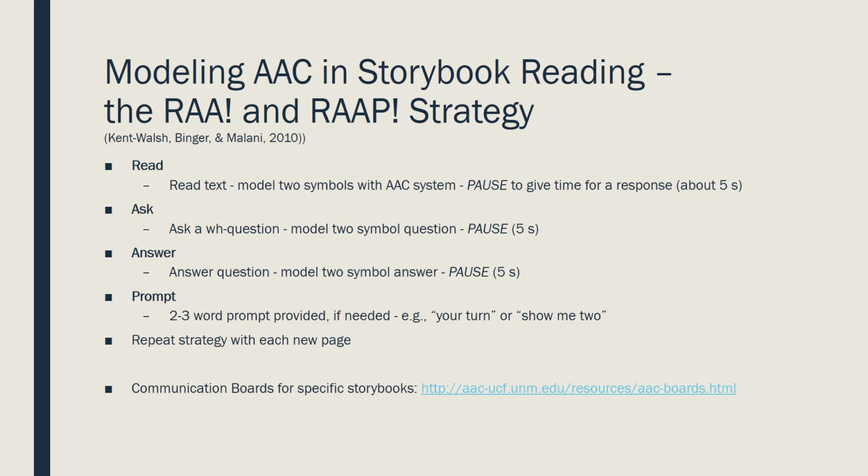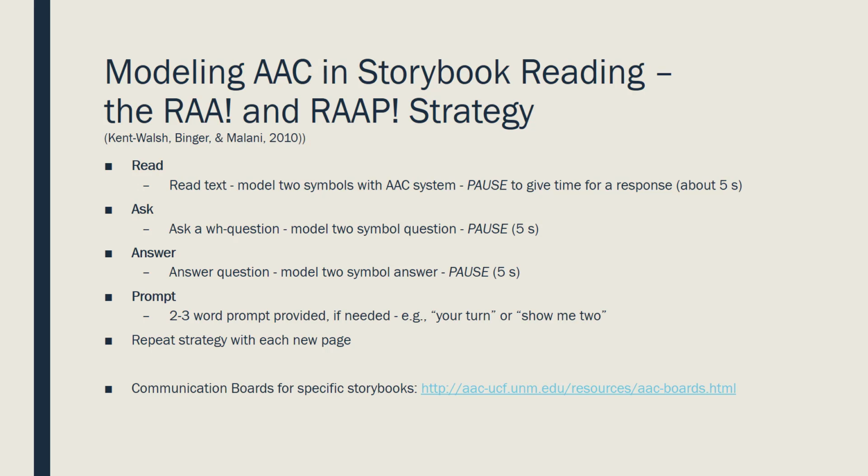When reading a book, you would first read the text and model two symbols with the AAC system to make a comment about the text, pausing for about 5 seconds to give time for a response.